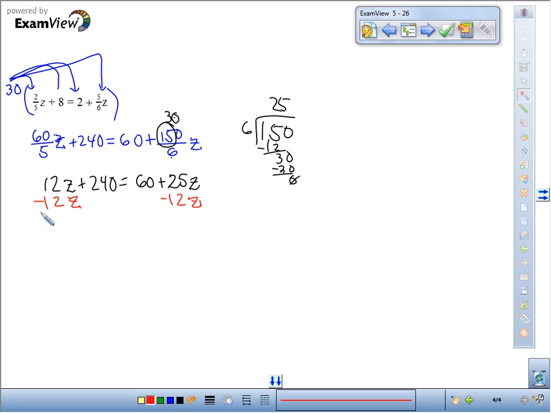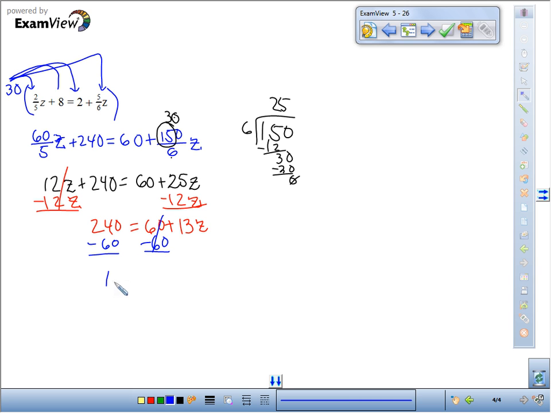This cancels. We're left with 13z plus 60, and I bring down the 240. Now, we need to solve for z, don't we? So we need to get rid of this 60, so we subtract 60 from each side.